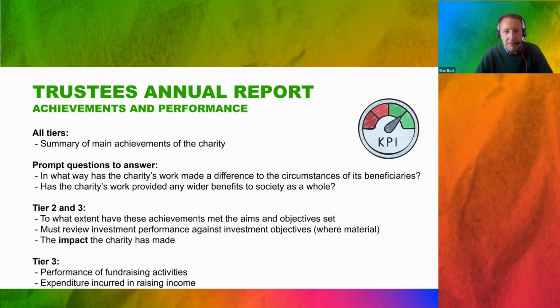The next heading is achievements and performance. And again, this is another section that hasn't seen any real significant change to what was required under the old SORP in terms of the actual content, but in terms of how it's reported, there's some new suggestions within there. So again, it's got a couple of prompt questions. How has the charity's work made a difference to the circumstances of its beneficiaries?